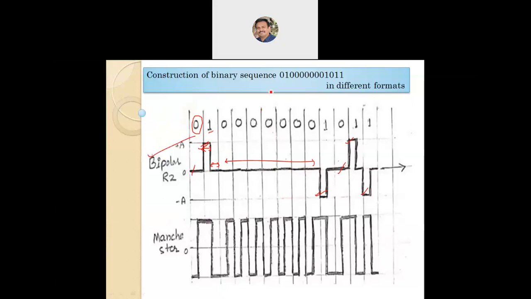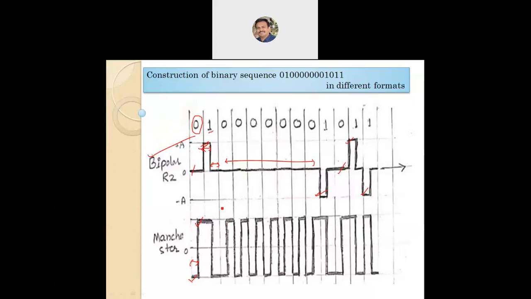Next, how to construct the same binary sequence in Manchester. In Manchester, the 0 bit has minus A and plus A amplitudes, each for half of the pulse width. So the 0 begins from minus A amplitude for half of the pulse width, and the remaining half is plus A amplitude.